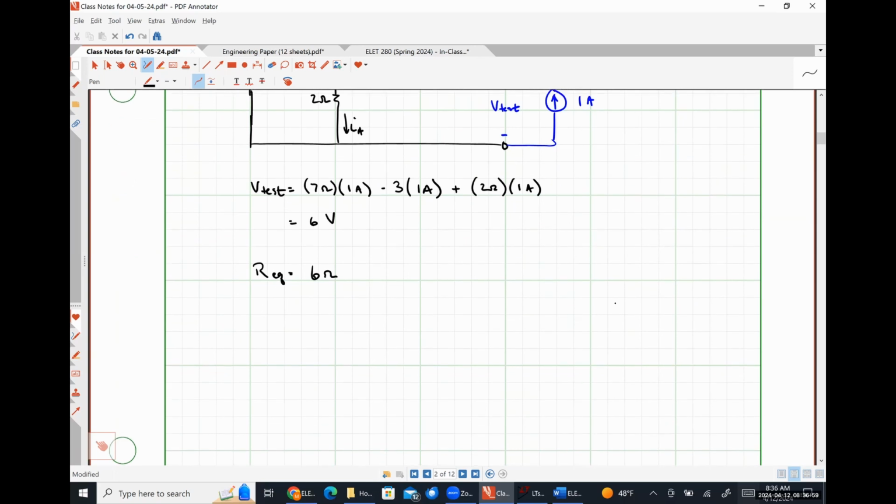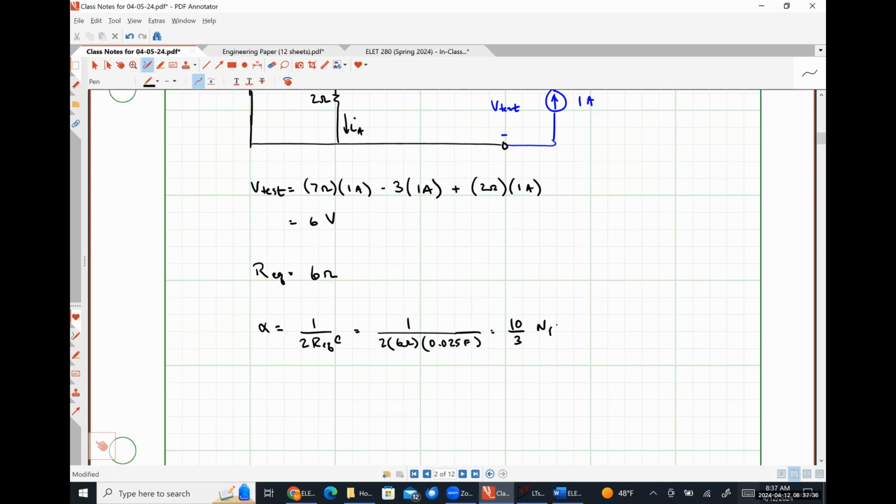So from here, because this is a parallel RLC circuit, alpha is just 1 over twice R equivalent times C. So that's going to look like 1 over 2 times 6 ohms times 0.025 farads. So 1 over 2 times 6 times 0.025 looks like 3.33333 or 10 thirds.